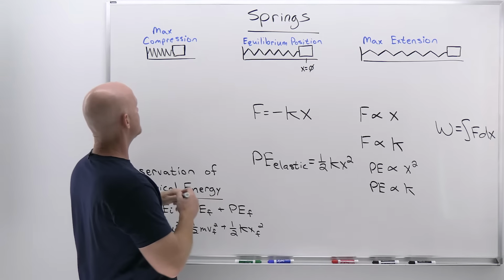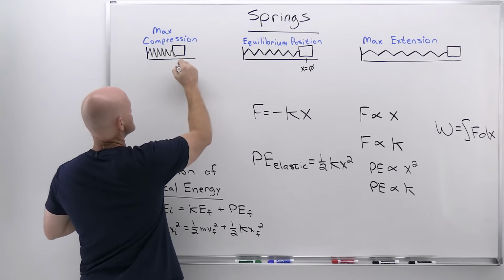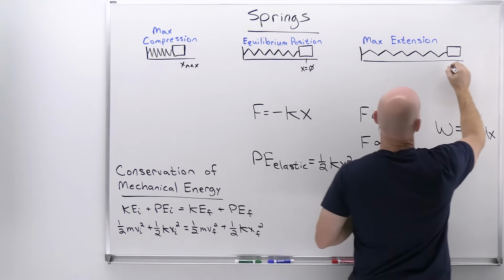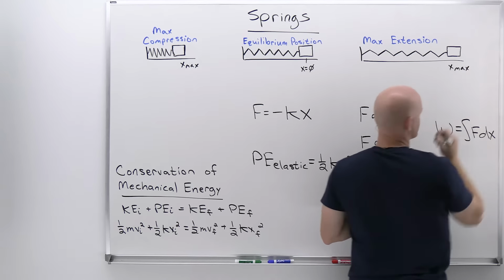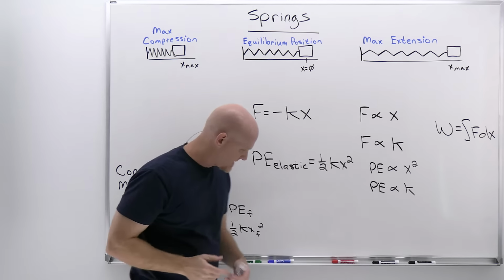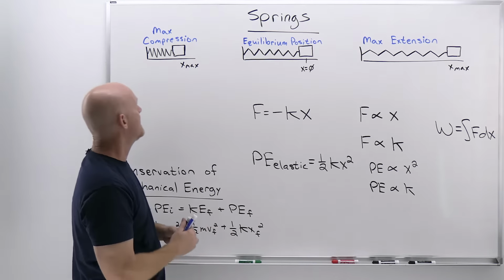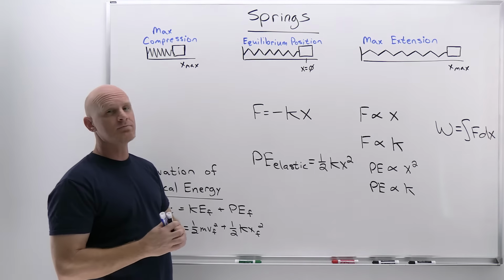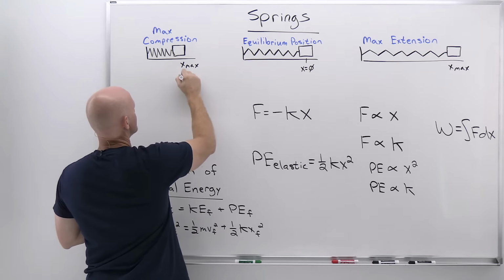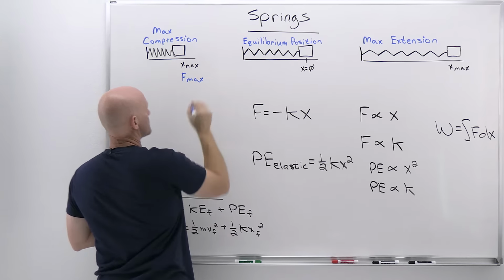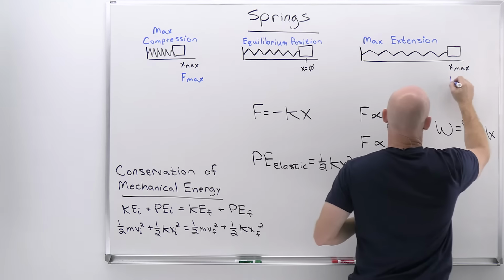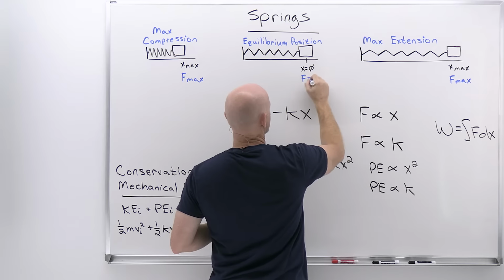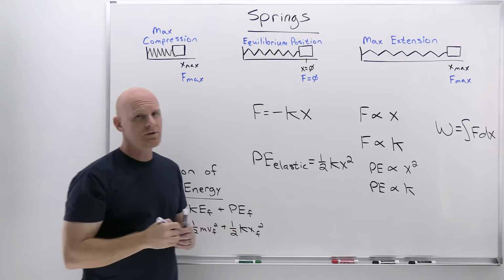All right, so if here you're at a maximum displacement, and same thing over here, that's going to tell us some things from our equations. Let's take a look. If you're at a maximum displacement, you're going to have the maximum restoring force applied as well. So we get a maximum restoring force there, maximum restoring force there, and here that restoring force is going to be 0 at the equilibrium position.